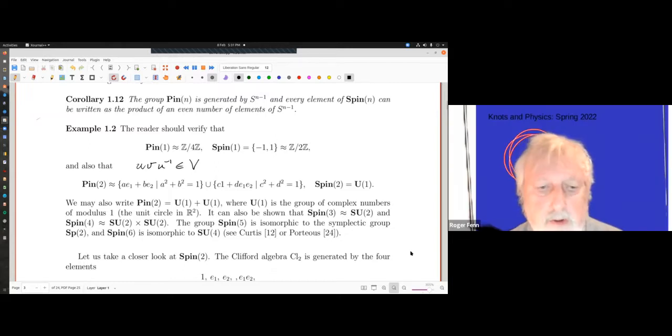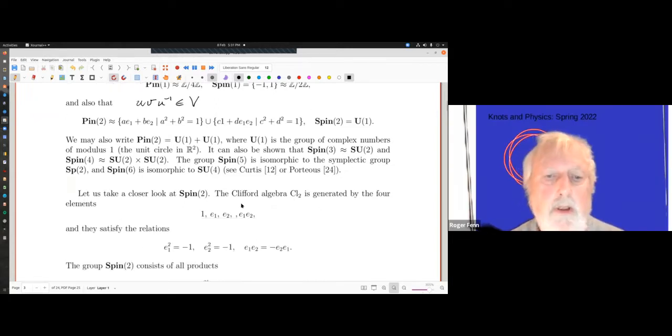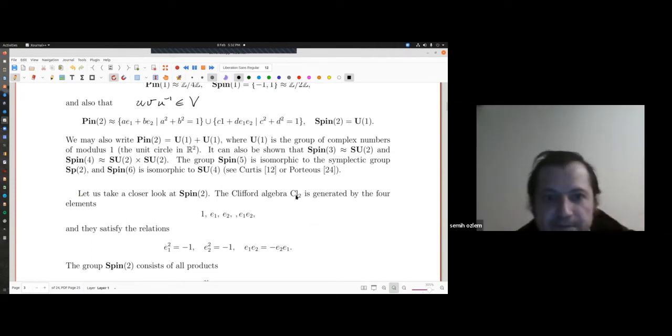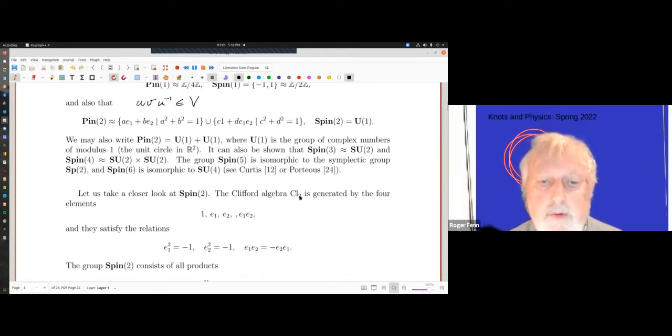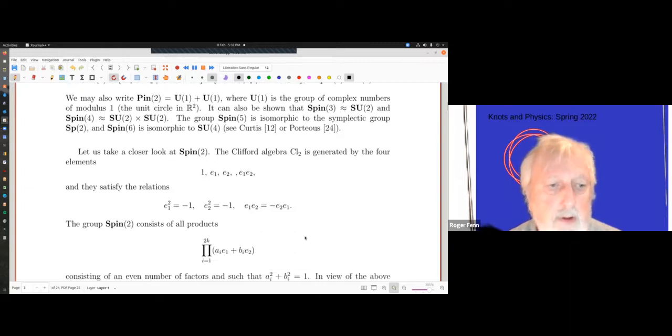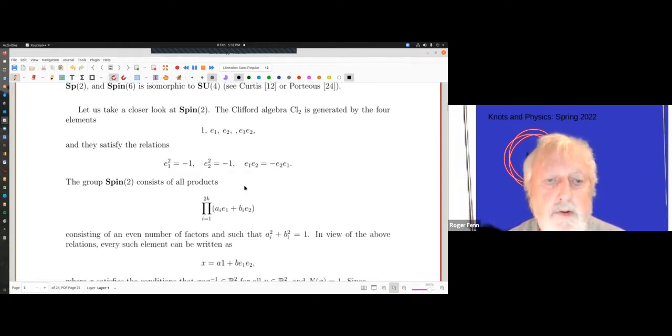Right, now he takes a closer look at spin 2. So the Clifford algebra, CL2, this is what he means by Clifford algebra with two generators, E1 and E2, and E1 squared equals E2 squared equals -1. Spin 2 consists of all products like this of vectors consisting of an even number of factors such that A_i squared plus B_i squared equals 1.